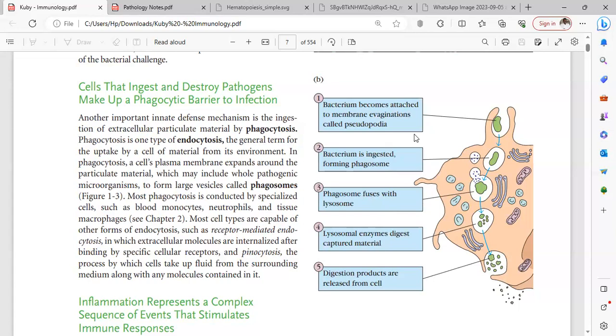So those are the 5 steps. The bacteria is attached to the membrane, it is ingested, which forms a phagosome, the phagosome fuses with a lysosome to form this complex, the lysosome enzymes break down the bacteria, and the products are released from the cell. Basically, those are the steps of phagocytosis.